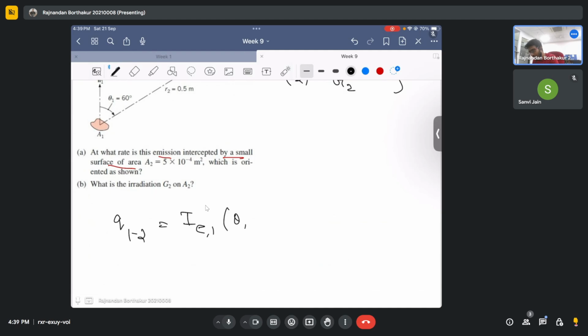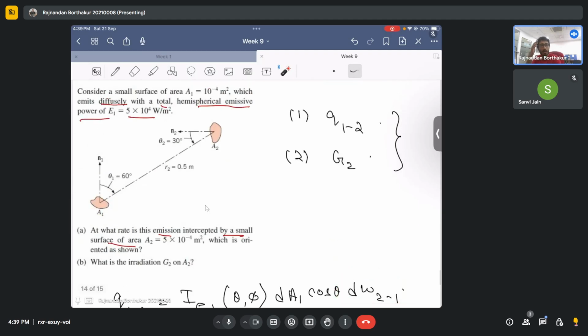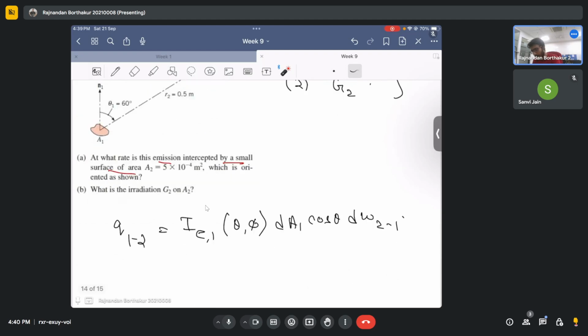In general, it is a function of theta and phi, times dA1 cos theta d omega, but it would be omega 2-1. Because the solid angle is the solid angle subtended by the receiving area on the emitter's surface, and that's why I'll write it as 2-1 and not 1-2. So you need to understand this difference.